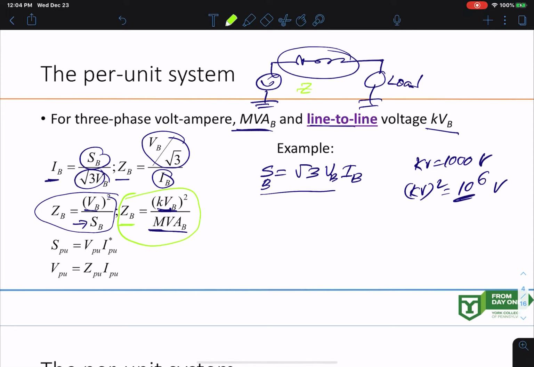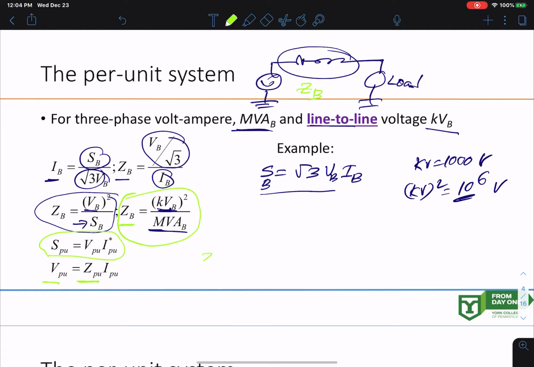So this is for the line. From there you can also see that your complex power is the same equation: per unit voltage times per unit current conjugate, and per unit voltage is also per unit impedance times per unit current.